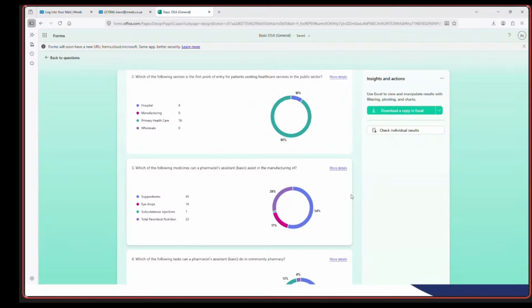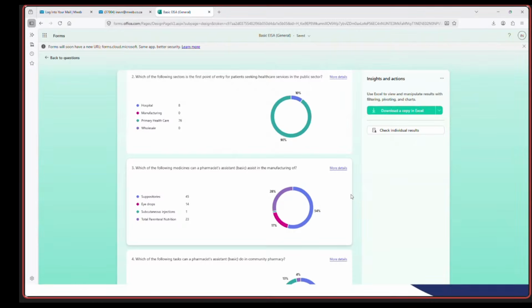So this is an application, so it's a higher level of cognition. You have to think about the scope that you have in the manufacturing, and you know that it's on non-sterile, and then you have to determine which product does not necessarily need to be sterile, and that is your suppositories.